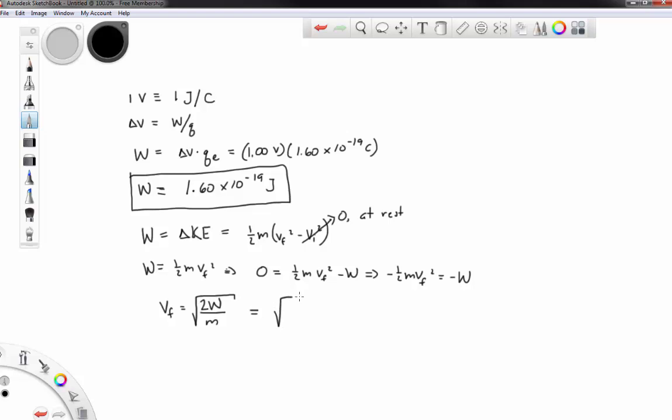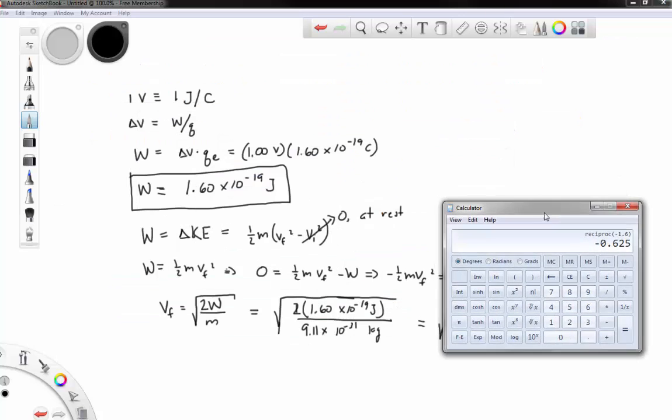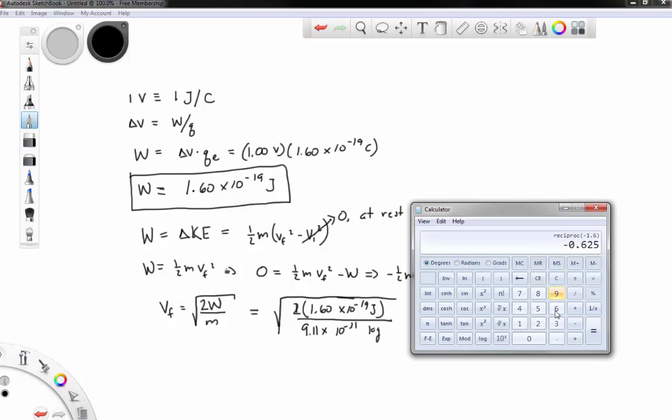So this means that we have the square root of 2 times 1.60 times 10 to the minus 19 joules divided by, oh, we need the mass of the electron. So the mass of the electron is 9.11 times 10 to the minus 31 kilograms. So let's go put all that into the calculator.